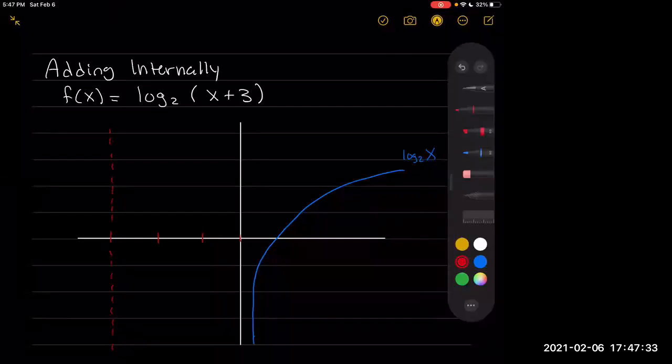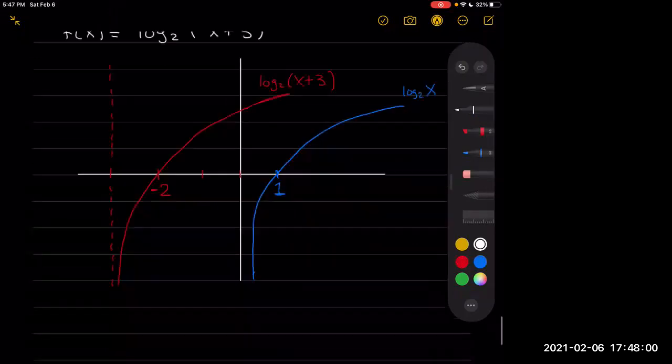So our new graph will look like this. It keeps going like that. And this is log 2 of x plus 3. So, and this is a negative 2 here. This is a positive 1, always.